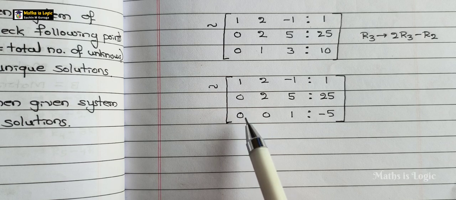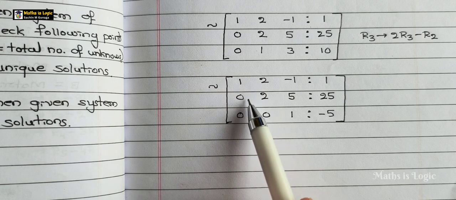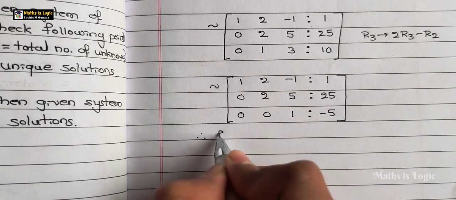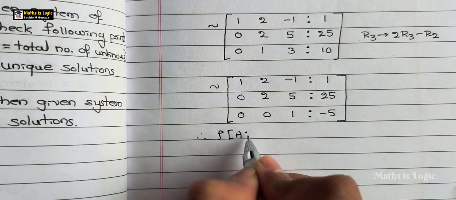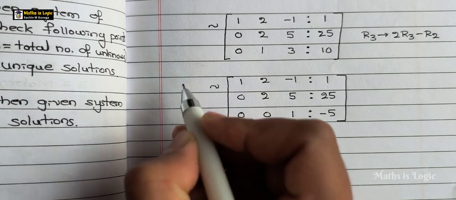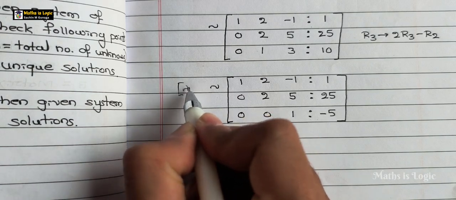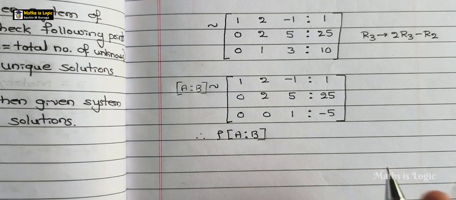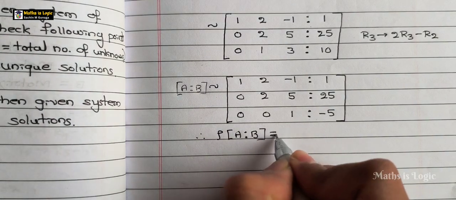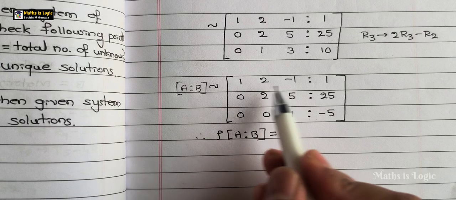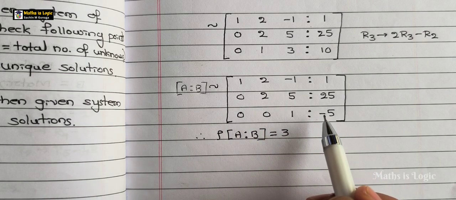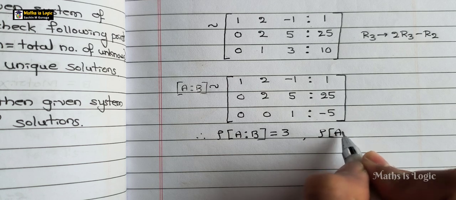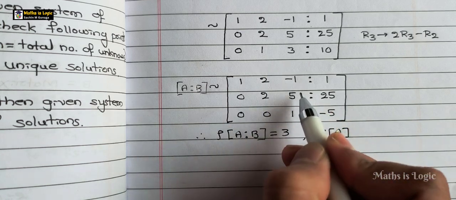Now there are a total of 3 non-zero rows, therefore the rank of the augmented matrix is 3, because 3 non-zero rows are available. Next, the rank of A, so this is the A matrix, correct?